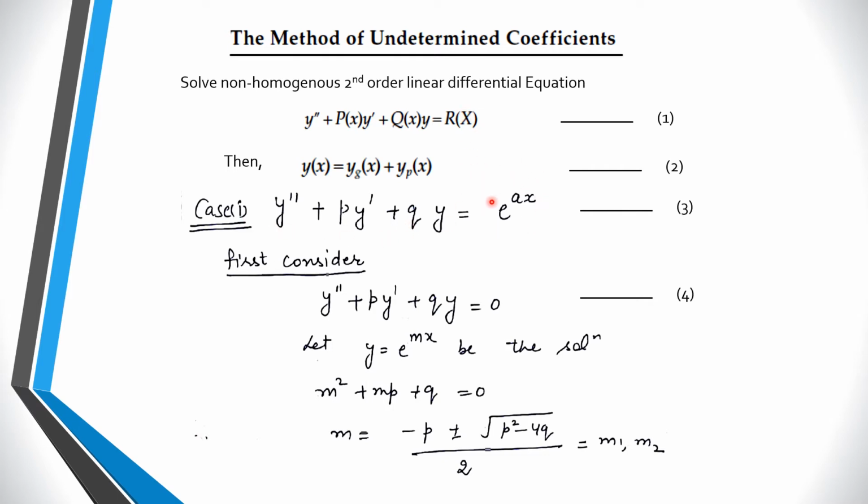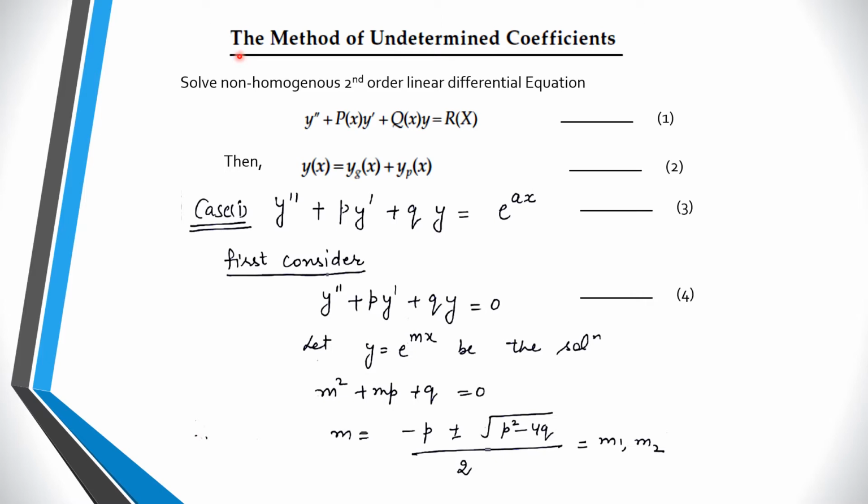It is an exponential function, of the form e to the power ax. So this is case 1 where r(x) is e to the power ax, and the differential equation is y double prime plus p y prime plus q y is equal to e to the power ax. We have to solve this differential equation using the method of undetermined coefficients.